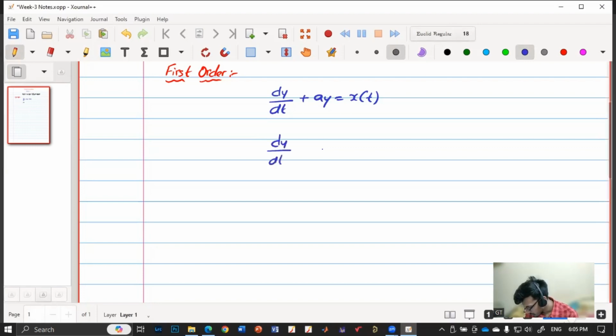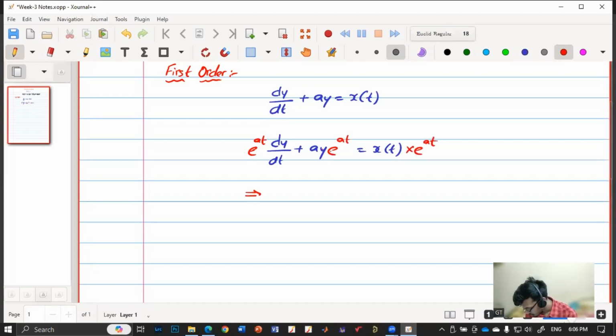dy by dt plus ay is equal to x of t. Now I'm multiplying with e to the power at, here also e to the power at, here also e to the power at.